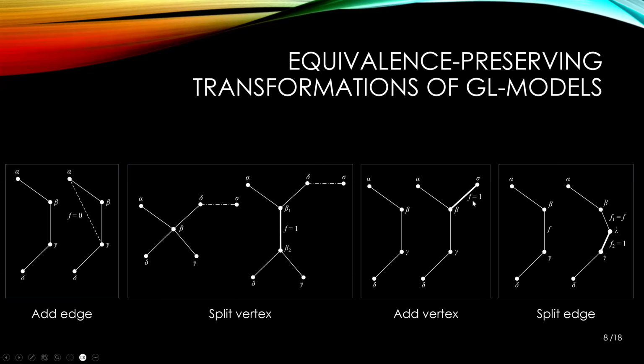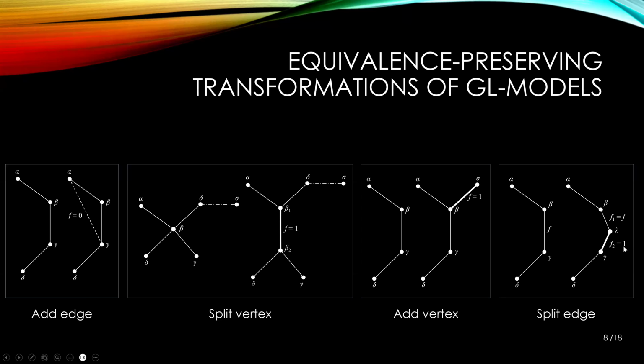And finally, any edge, for example, this one, can be split into a pair of edges by introducing an additional vertex. And as a result, we have two edges, one of which uses the original edge function, for example, this one, and the other one uses the trivial edge function f equal to 1. It's possible to swap these functions.